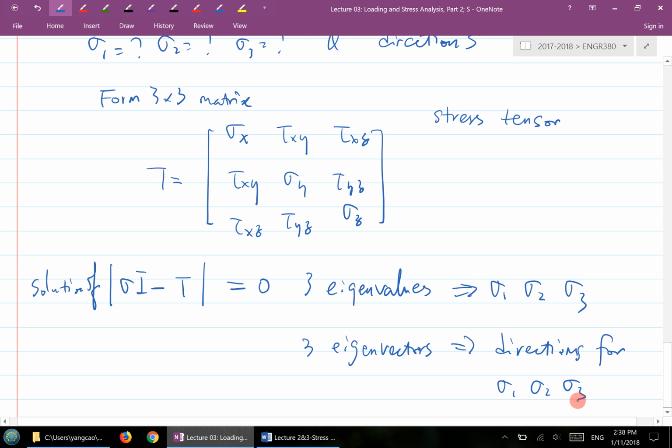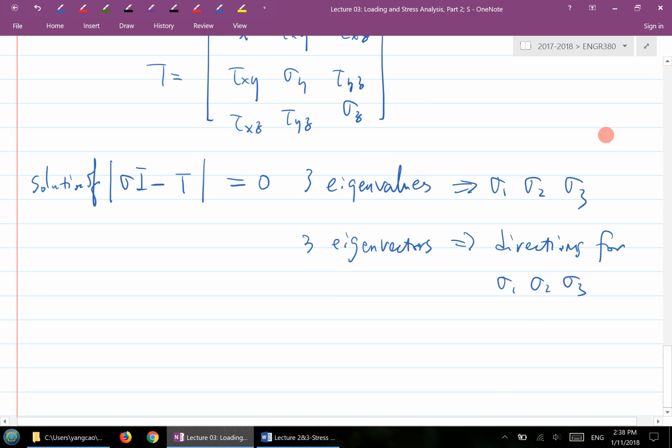I'm not going to go into too much detail here, but that's the idea when you have a 3D state of stress: how you get the three principal stresses and the three eigenvectors for the directions.